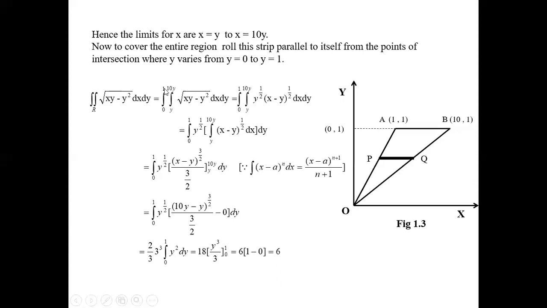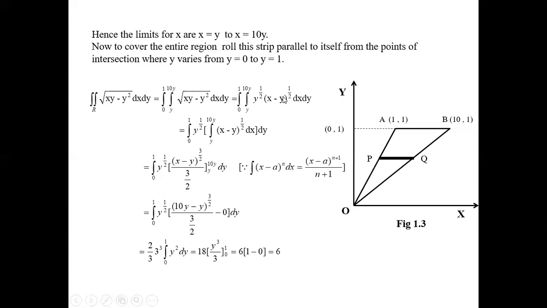That is integration from 0 to 1, y to 10y, under root of xy, y square dx dy is equal to integral from 0 to 1, y to 10y. Then here you are integrating with respect to x. So therefore, y is constant. So when y is taken common, it becomes y to the power 1 by 2 outside. Then x will remain here and y remains here.